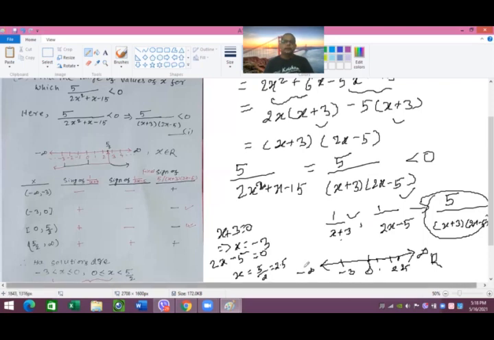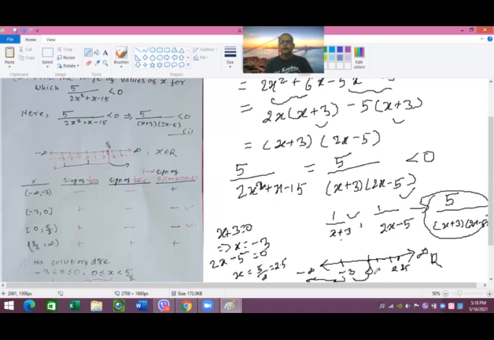We have to search the sign of these terms individually between different ranges of values of x. First of all, our point is -3. So we search the sign for 1 by x plus 3 and also for 1 by 2x minus 5 below -3, that is -3 to -infinity. Then 0 is in between, so you can try for -3 to 0. After that, your other point is 2.5.